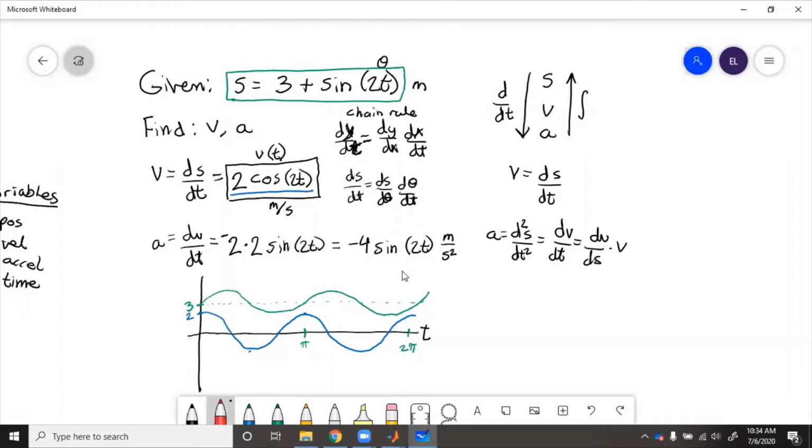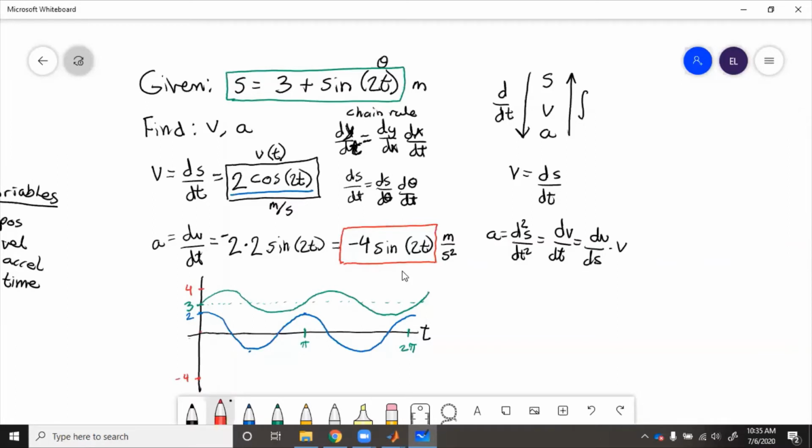And then finally, acceleration, -4 sine of 2t. Well, we know the sine function should start at 0, and normally it would go up. But instead, since this is a negative, it's going to go down. And then the amplitude is 4, -4.